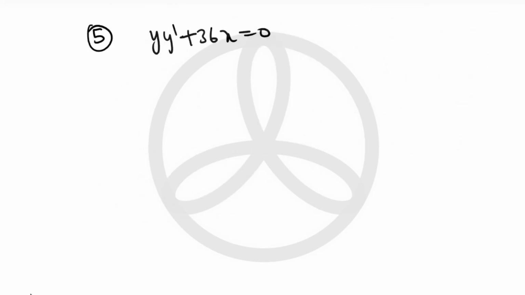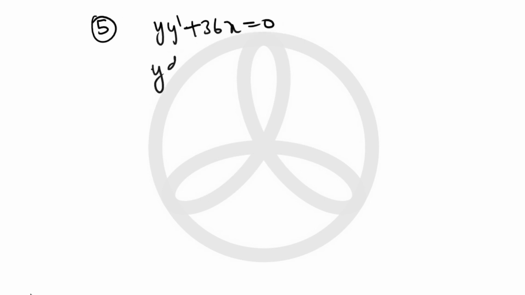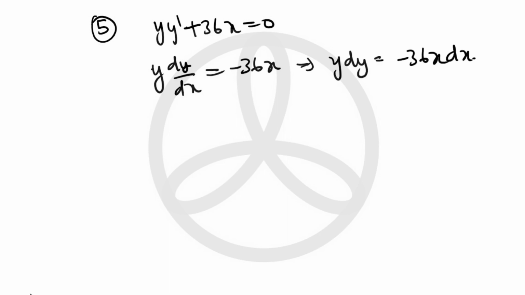This is the fifth question, and I will write y dy by dx is equal to minus 36x. So y dy is equal to minus 36x dx.